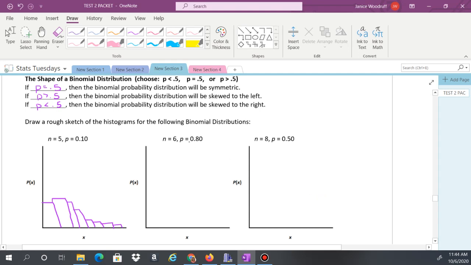P is here, it is 0.8, so it's just going to be the opposite, something like this. And then here you have a P of 0.5, which means it is symmetric, so normal distribution here for you.